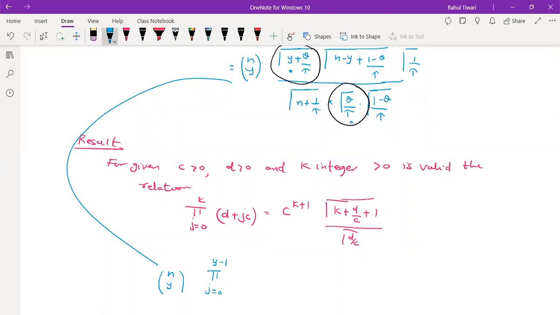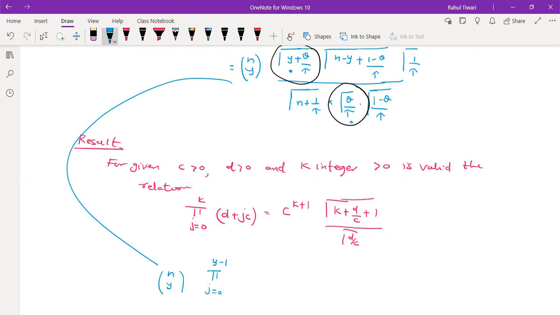Because this is the k. Now here we have y, so we have to write y minus 1. Because there is a k plus 1 term, here we have a k, so we have written a k plus 1 term. But here we have y, so we have to take one reduce. So y minus 1. This is the same as the product of this.